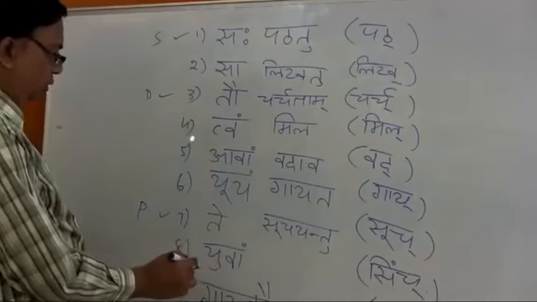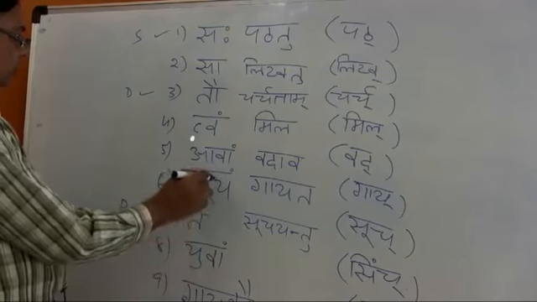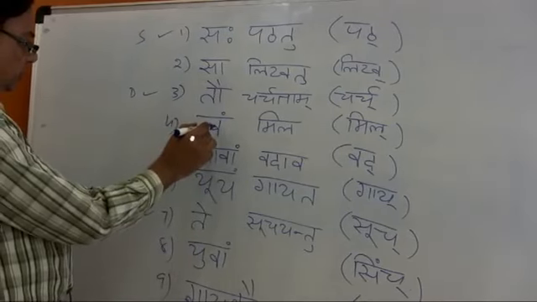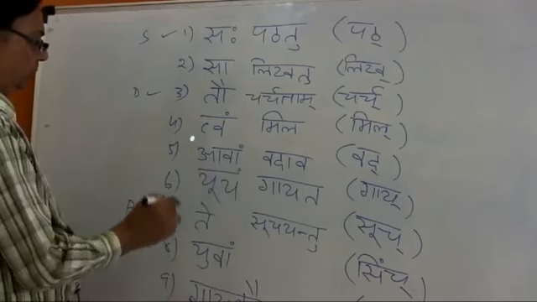Now, yuvam, what is yuvam? Tvam is second person singular, yuvam is second person dual, yuyam is second person plural.